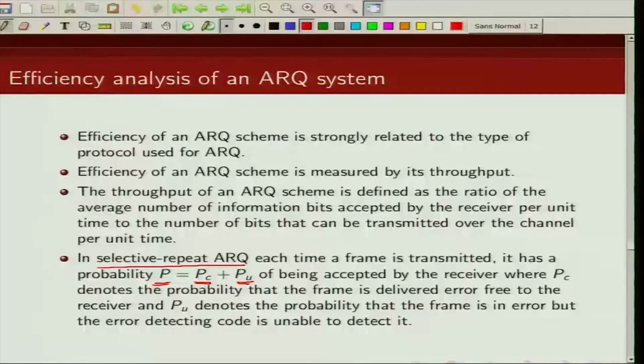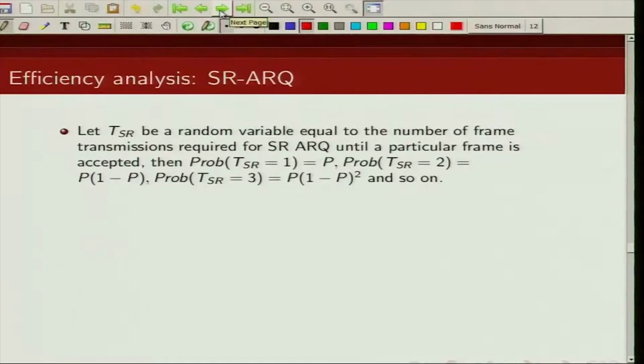So this probability P, which is the sum of these two probabilities, is the probability with which the receiver is going to accept a particular packet in the SR ARQ scheme. Now T sub SR is a random variable that we are defining, which is equal to the number of frame transmissions required for a selective repeat ARQ scheme until a particular frame is accepted.